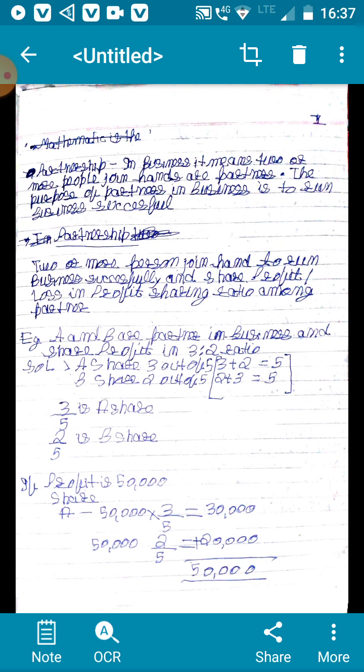Partnership in business. Partnership means two or more persons join and are partners.